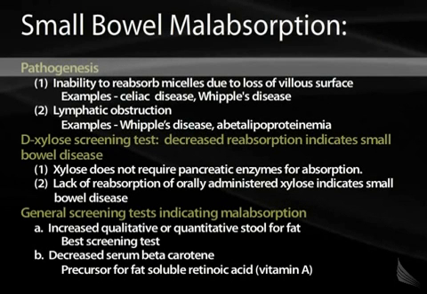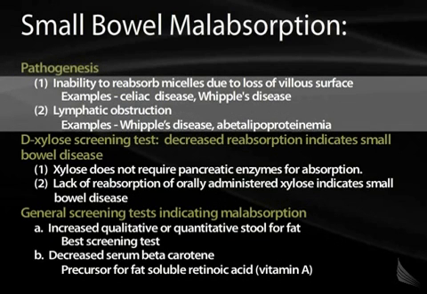The pathogenesis of small bowel malabsorption is, number one, the inability to resorb micelles because there's a loss of villus surface. This can occur in celiac disease, which occurs when there is gluten sensitivity and results in flattening of villus surfaces and lymphocytic infiltration of epithelial cells, as well as Whipple's disease, where there is overgrowth with Tropheryma whipplei.